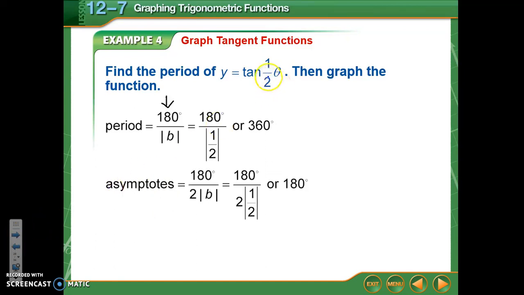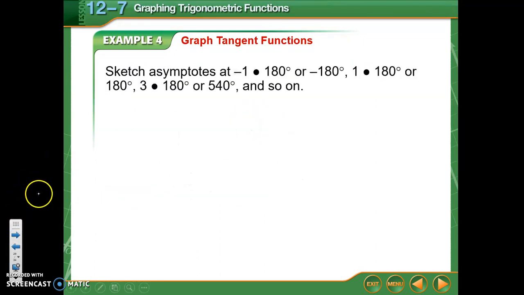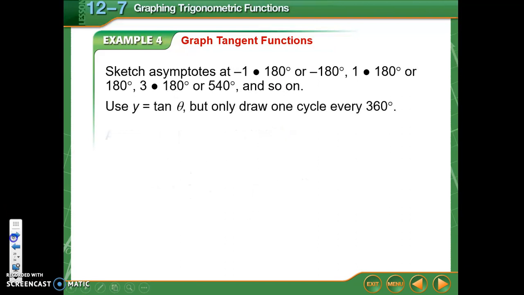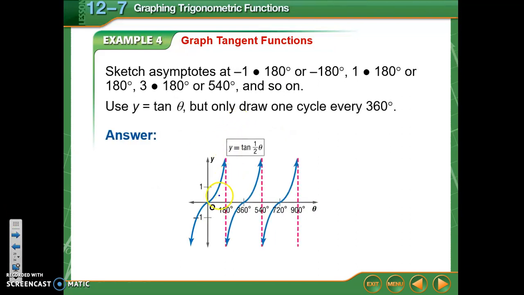So this time, since my period is stretched out by twice as much, my asymptotes are also stretched out. So look at what the graph would look like. So instead of having an asymptote at 90, I'm going to draw my first one in here at 180 degrees. And then it's going to repeat every odd multiple, right? So I have negative 180 degrees. Then here's the one we can see on the graph, 1 times 180 degrees. 3 times 180 degrees.